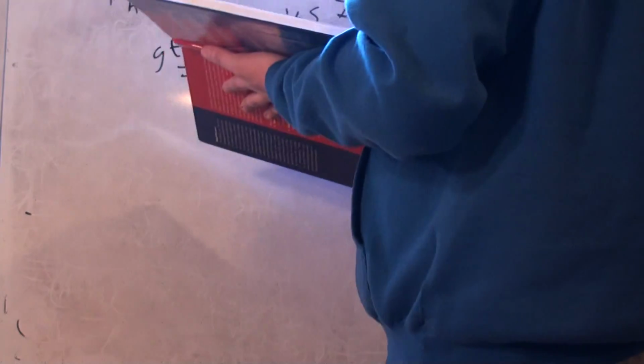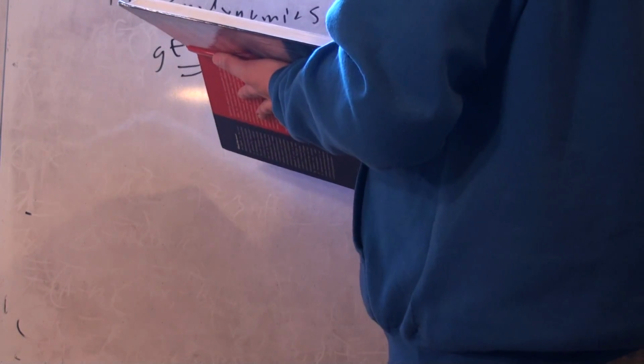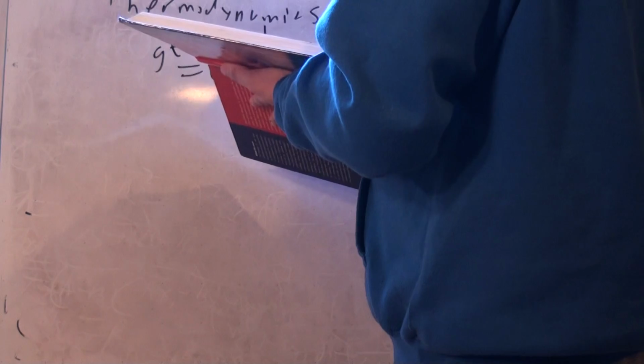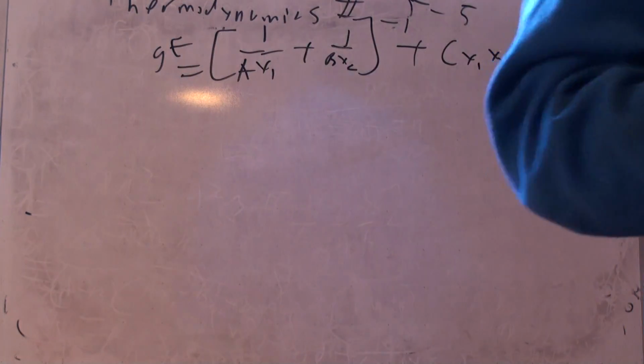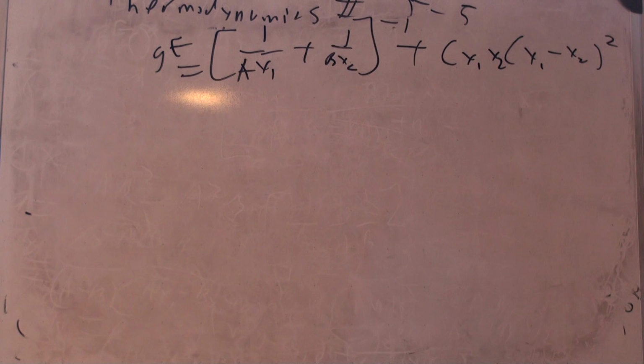So G^E is equal to 1 over A X1 plus 1 over B X2, all to the minus 1, plus C X1 X2 (X1 minus X2) over D squared. Wow. It says develop the corresponding expressions for natural log gamma 1 and gamma 2.